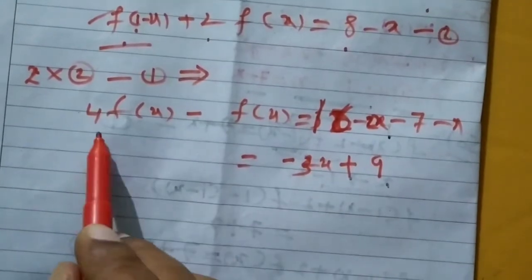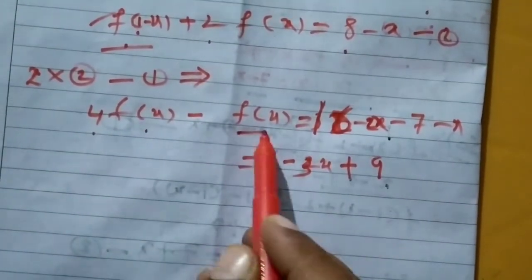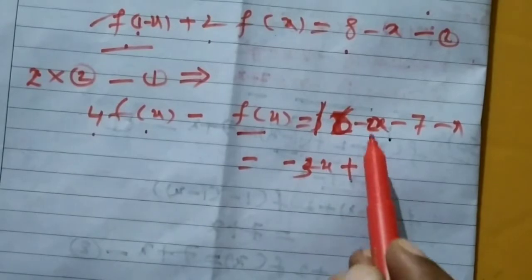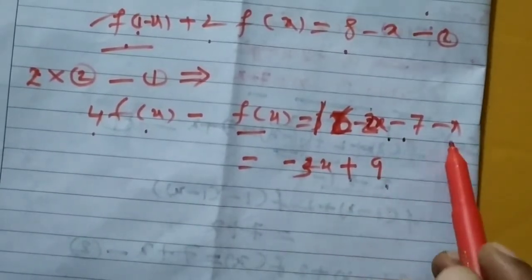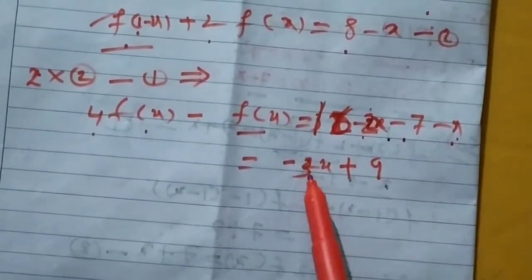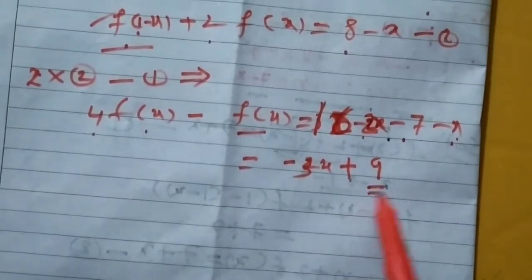Solving the equation, we are getting 4f(x) - f(x) = 16 - 2x - 7 - x, that is, -3x + 9.